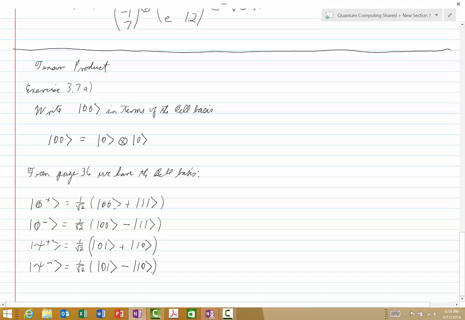Now notice that these all refer to a 2-qubit system, and since the first qubit can have 2 values and the second qubit can have 2 values, altogether we need 4 vectors in this basis, because the dimension of the combined state will be 4.